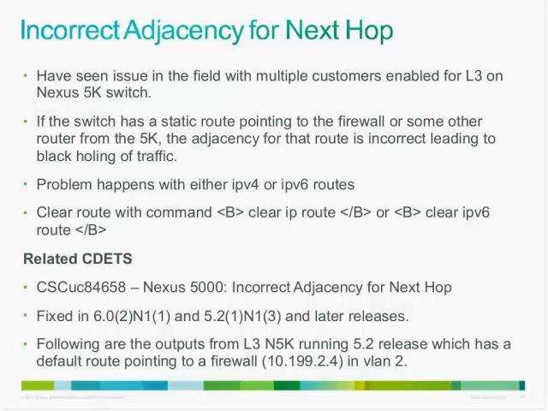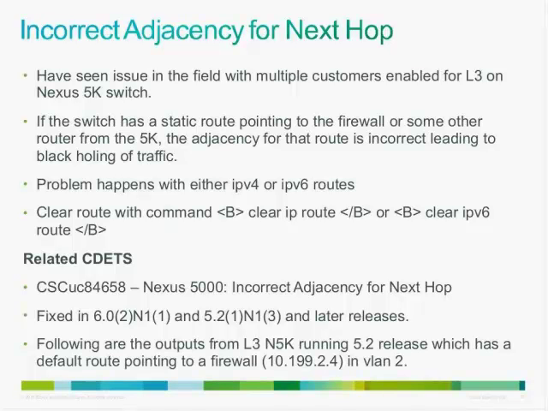Now this issue was seen in the field when our 5.2 release came out. It was more to do with L3 routing, especially. What we see is when the 5K is enabled for L3, we have the daughter card in it.